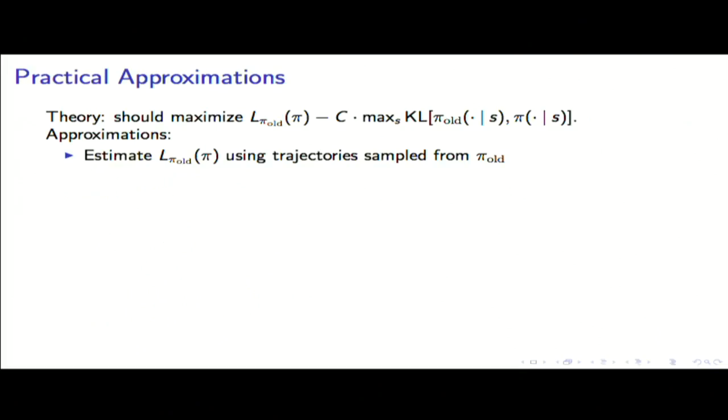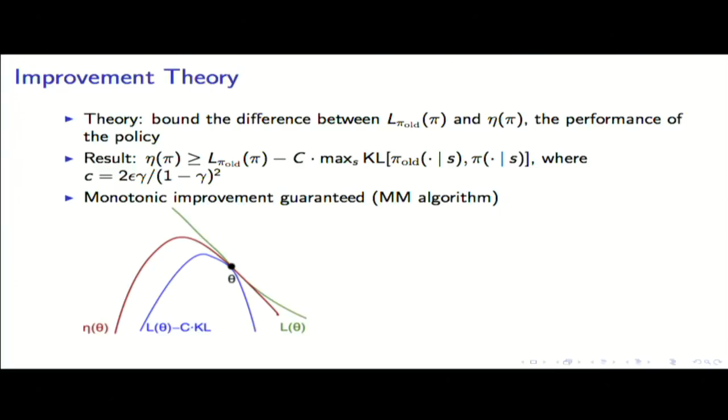Okay, so let's just look at this bound again. The problem with this bound is that it has this max over states S. That's not so good if we want to do Monte Carlo estimates, because we're going to get a bunch of states and construct some kind of objective.